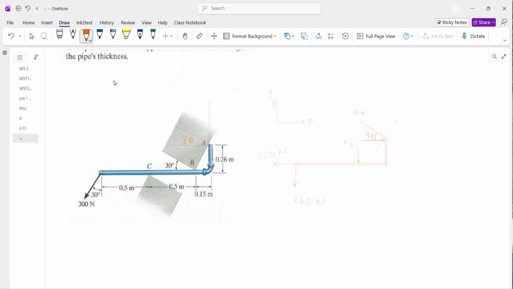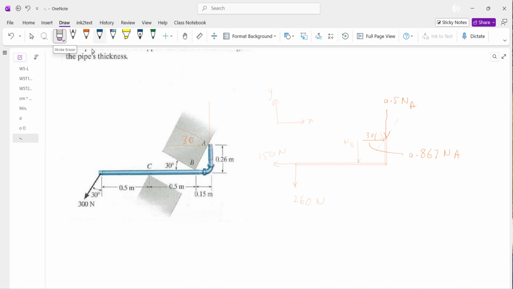Now you can break that force into vertical and horizontal components. That one is NA cos 30, and the vertical one is NA sine 30, so this is half NA. And now you remove the original force because that was consumed, it was resolved into two forces.